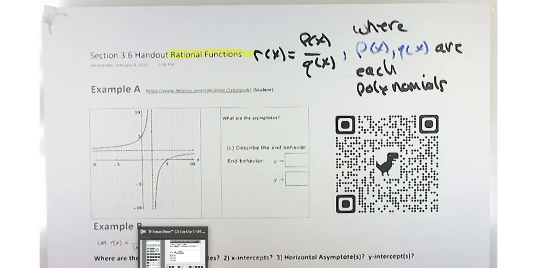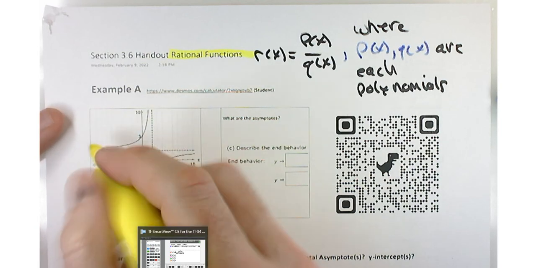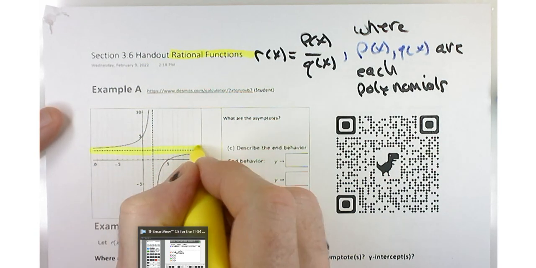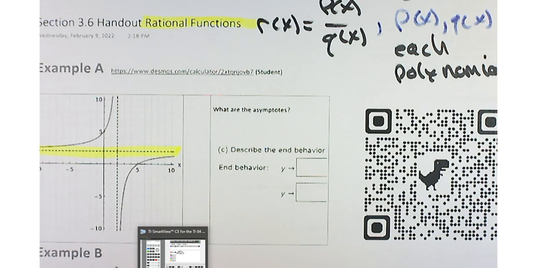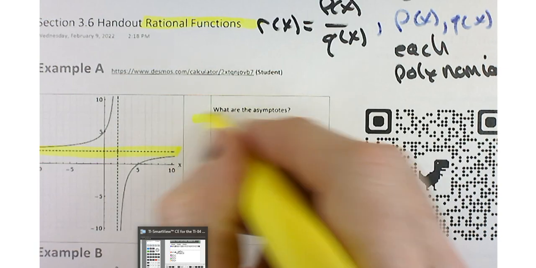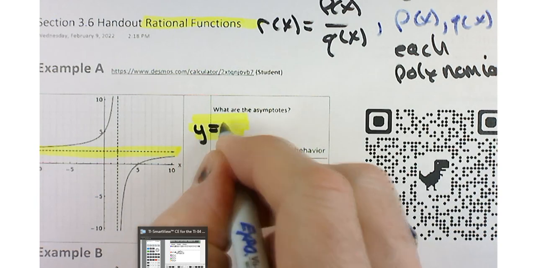So there are two what are called asymptotes for this graph. One of them is a horizontal asymptote, and one of them is a vertical asymptote. Looking at this example on your handout, if I asked you what's the asymptote, well, for this one I would expect you to answer y equals 2.